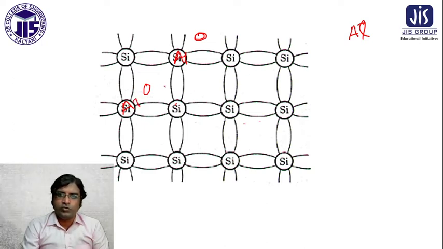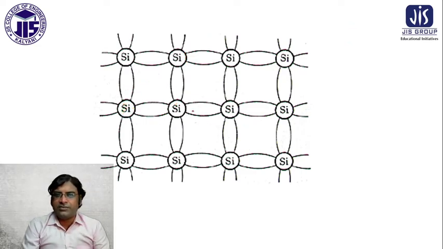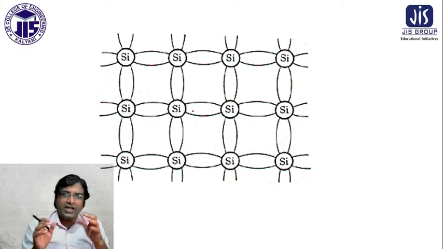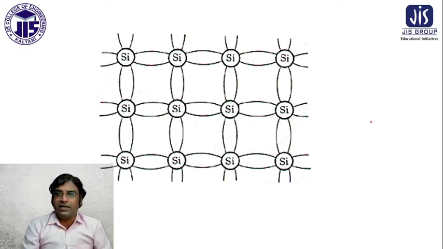Okay, only two. Next, suppose this is also an intrinsic semiconductor, and I want to make it extrinsic. How can it be possible? I am doping it with a pentavalent, suppose phosphorus is the pentavalent.